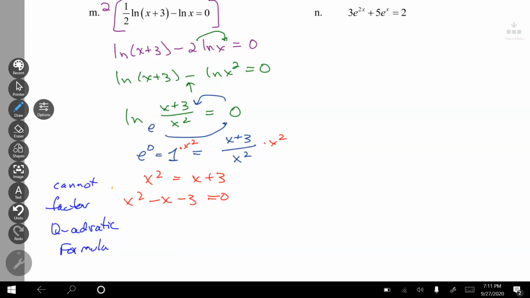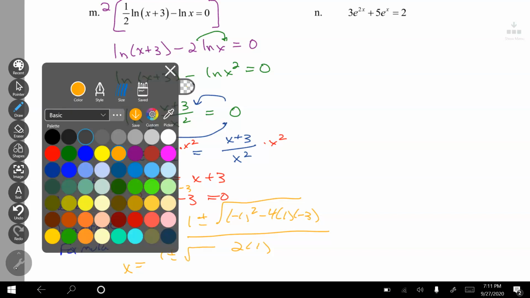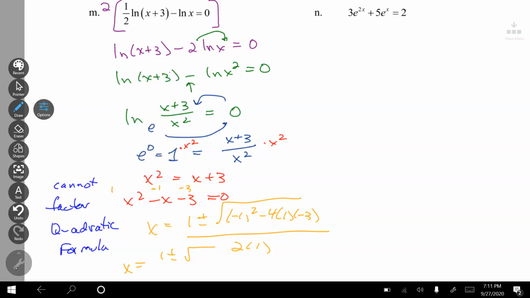So 1, negative 3, x equals 1 plus or minus the square root of negative 1 squared minus 4 times 1 times negative 3, over 2 times 1. I get x equals 1 plus or minus, well, let's see, 1 plus 12.